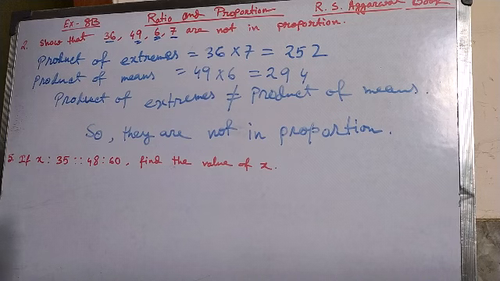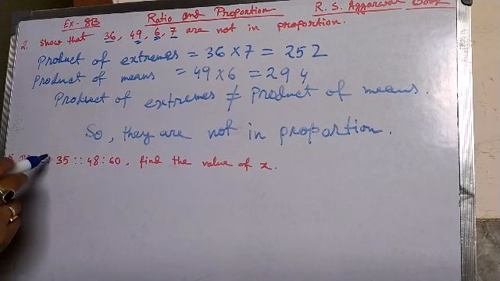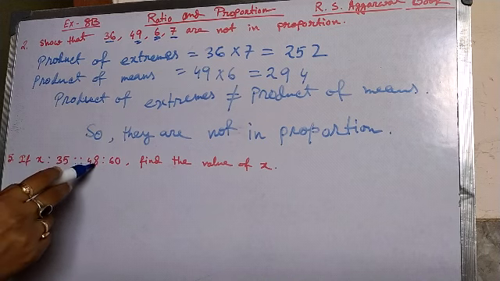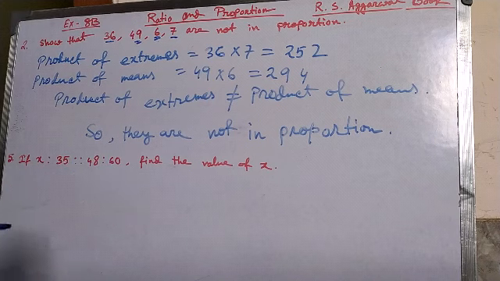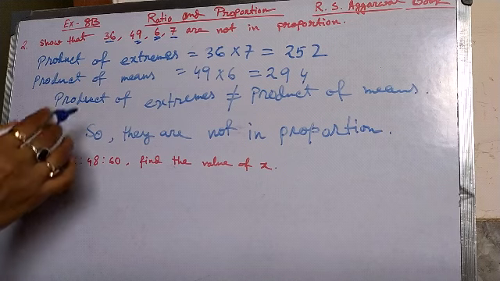Now coming to question number 5. If x is to 35 proportion to 48 is to 60, find the value of x. Here also I will use the same process.